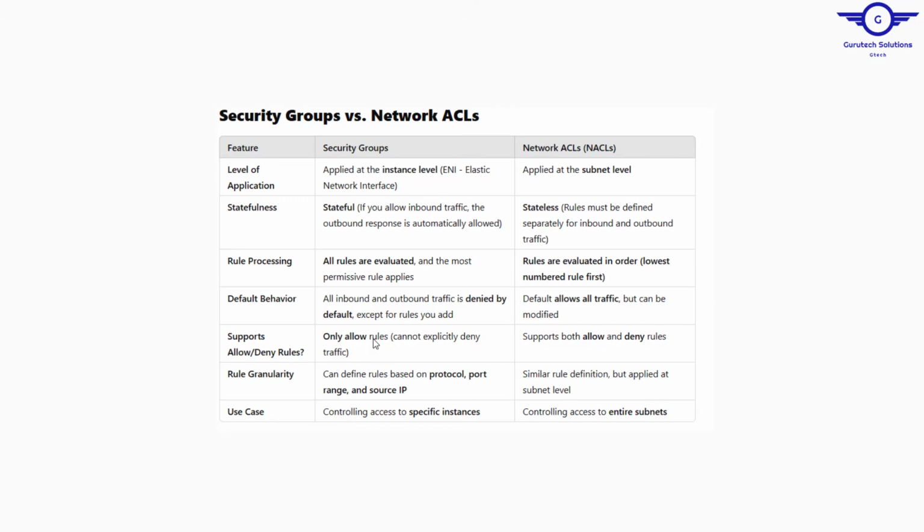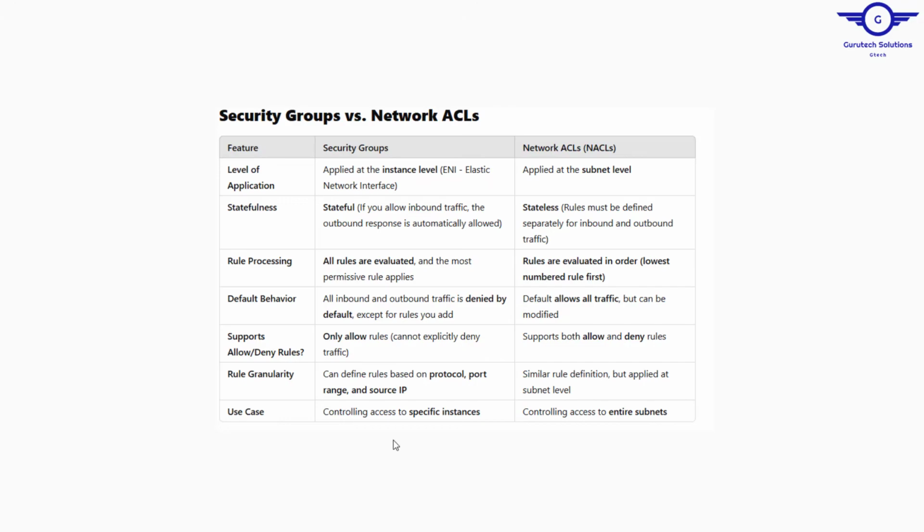There's nowhere we can set a deny rule on security groups, but for NACLs, we can. Second to last, we can define rules based on protocol, port range, or source IP. It's a similar definition in NACLs, but applied at the subnet level.